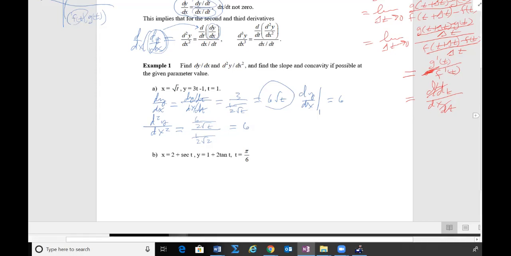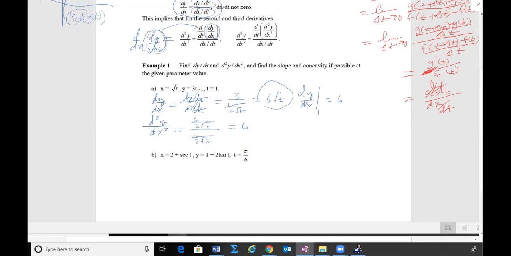Okay, now I just want to say, to keep perspective there, what you're finding: if we convert it to rectangular form, what would we find? Well, let's say x squared equals root t squared, equals t. And we know t has to be positive, so we didn't lose anything there. That means y equals 3t squared minus 1, so 3x squared minus 1.